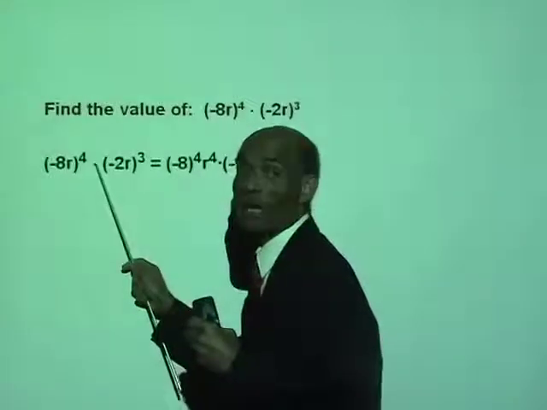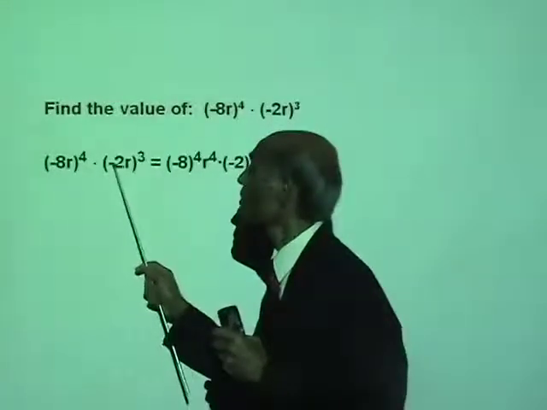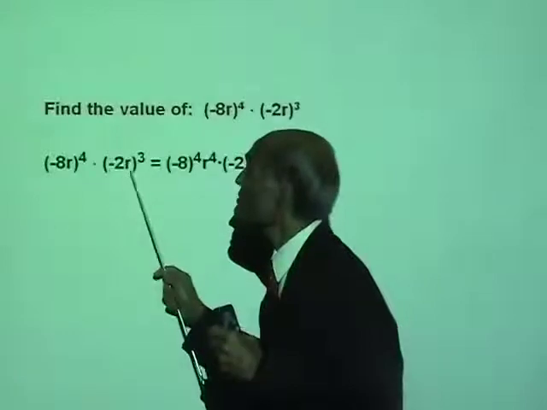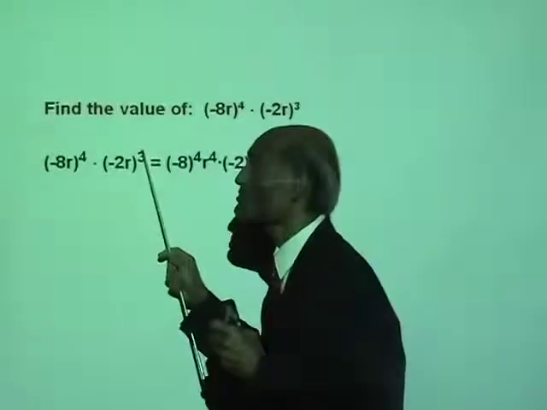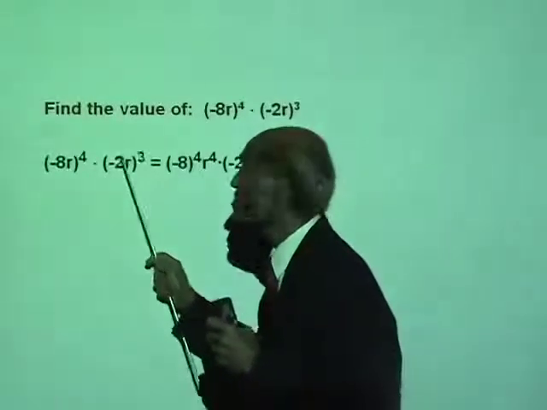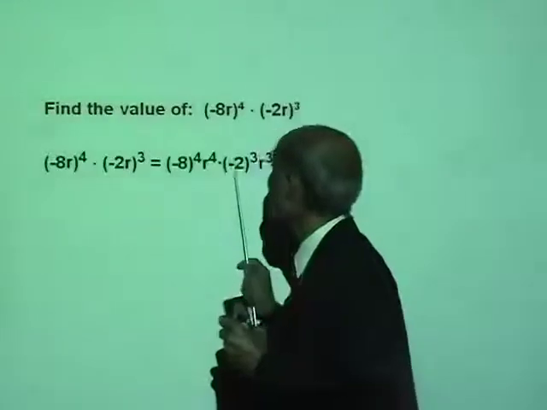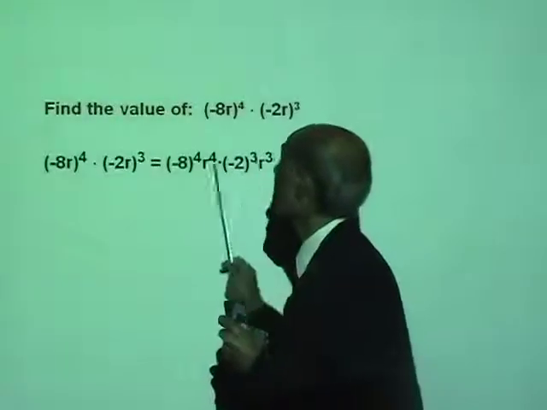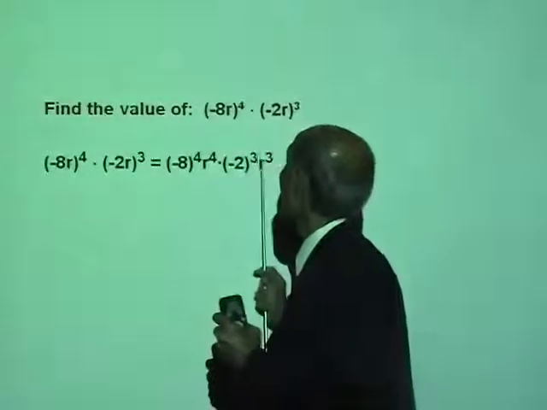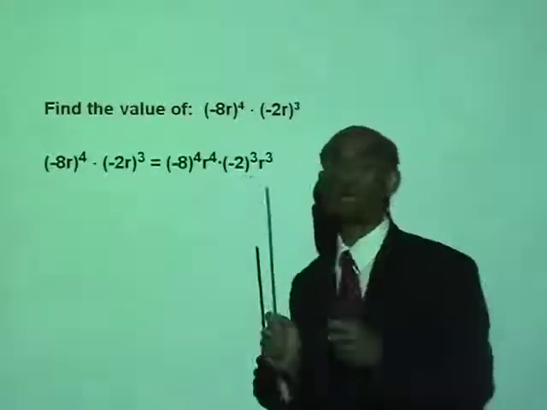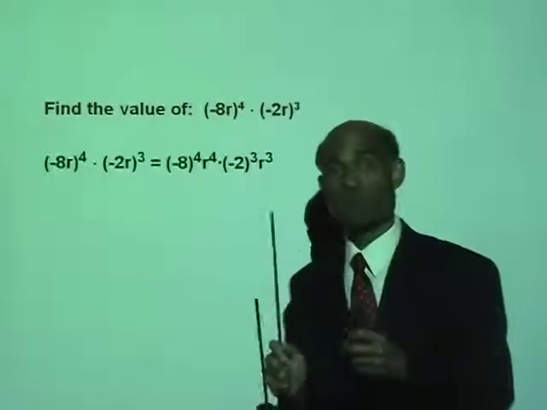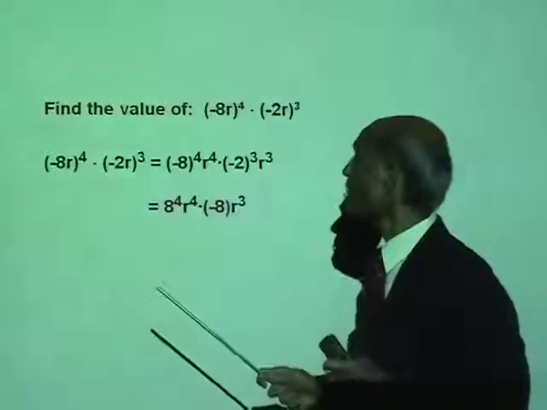Now, this is multiplied by, what is this? The quantity negative 2r raised to the power of 3 is the number negative 2 raised to the power of 3 multiplied by r raised to the power of 3. Okay? Now, what is the next thing to do?